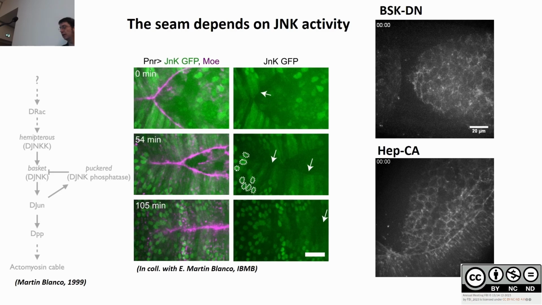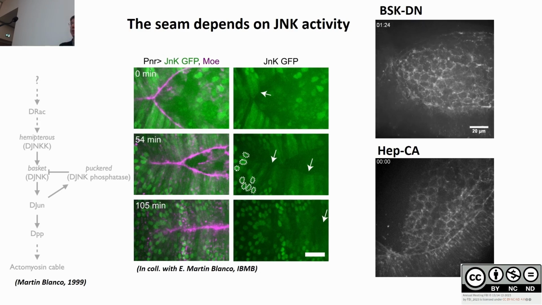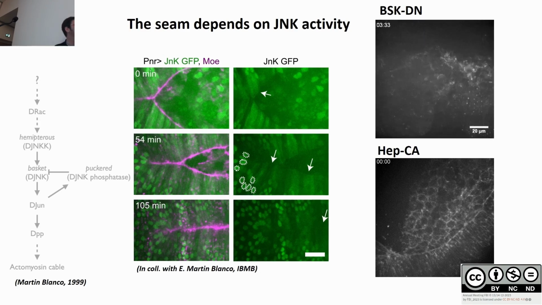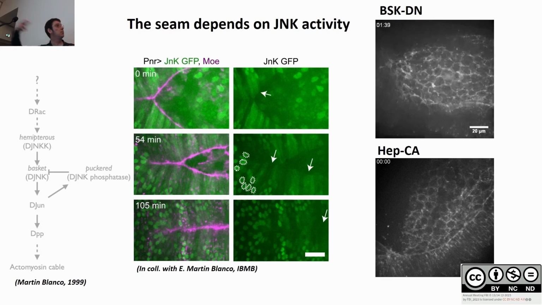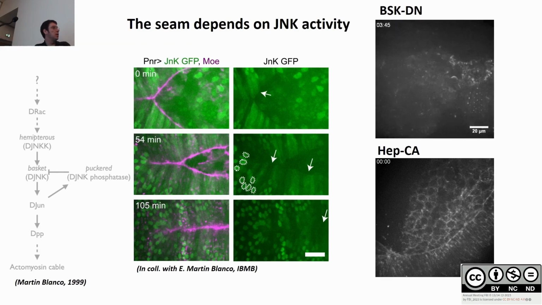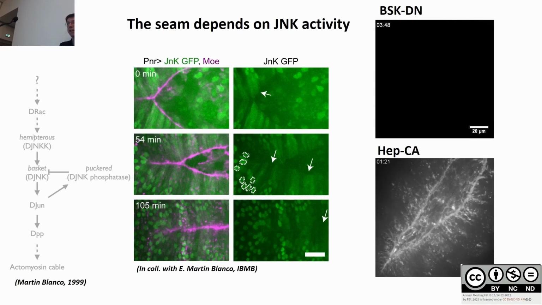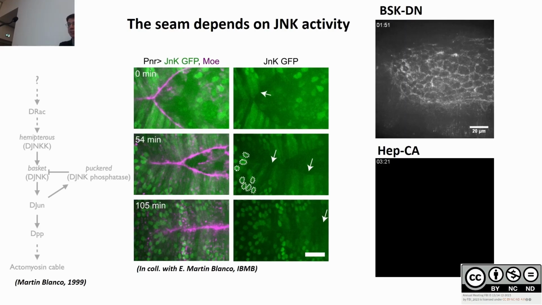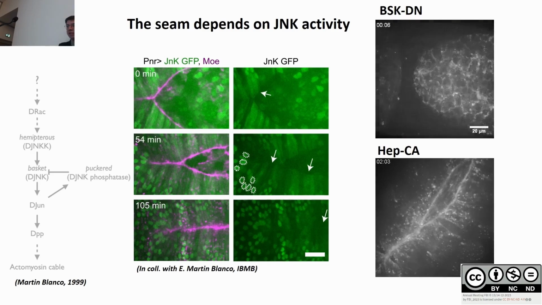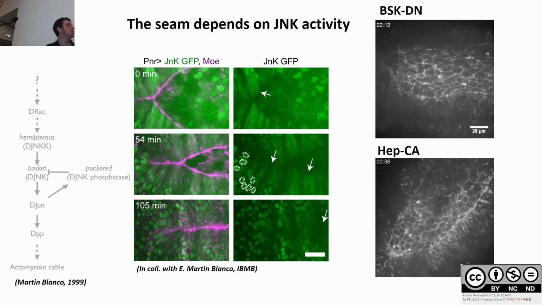Interestingly, if you downregulate JNK, this is what you observe: a dramatic detachment at the level of the zipping point, and basically the SIM cannot form, it detaches and it blasts. On the other hand, if you maintain it active, then the SIM does not disassemble, and it remains there all the time.